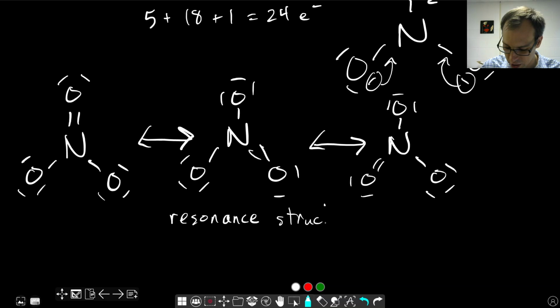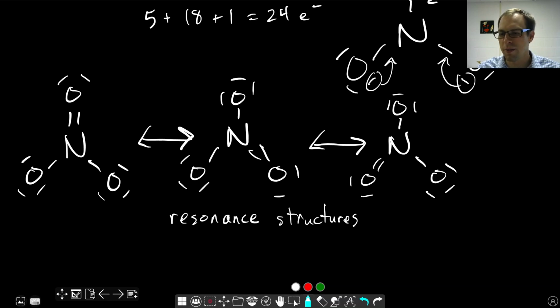So resonance structures, as this example shows, are not limited to just 2. You could have 3 or 4 multiple resonance structures for a particular molecule. Again, what does this tell us about how these nitrogen-oxygen bonds actually look? Similar to the ozone example we looked at in the last video, what we actually get is an average of all these structures.